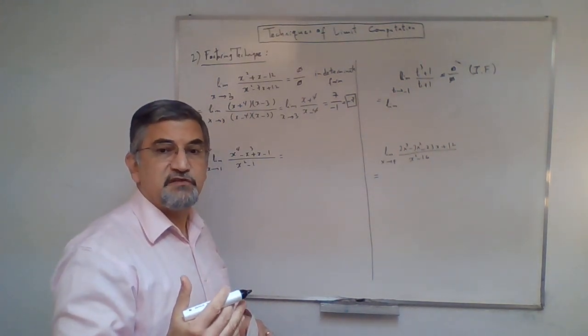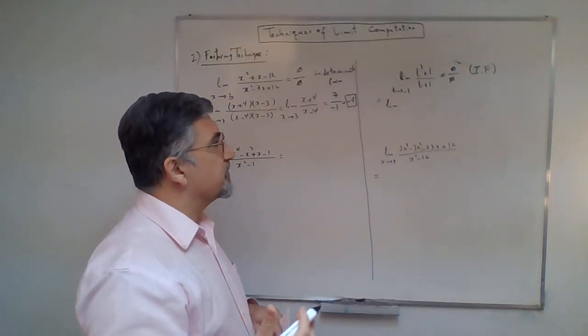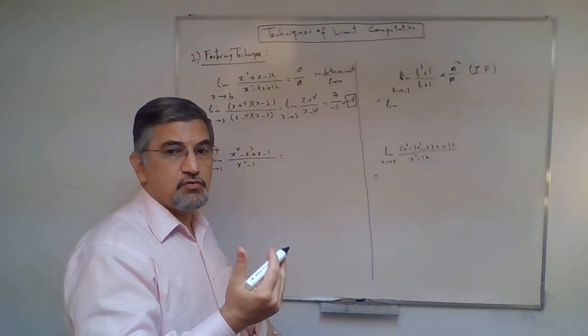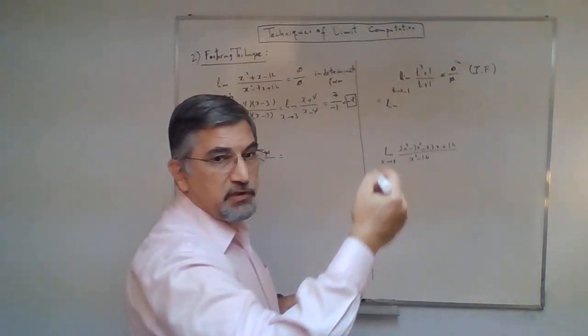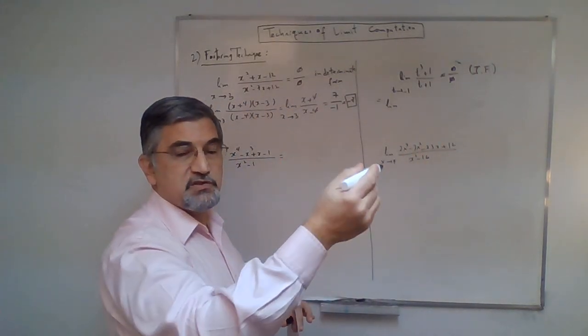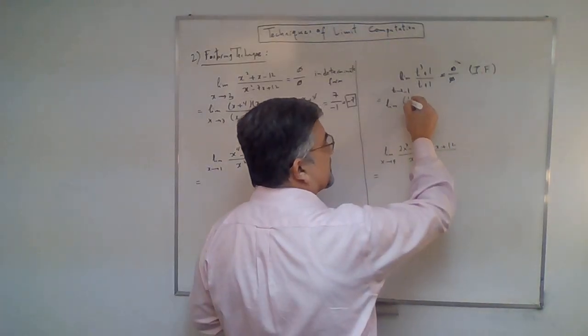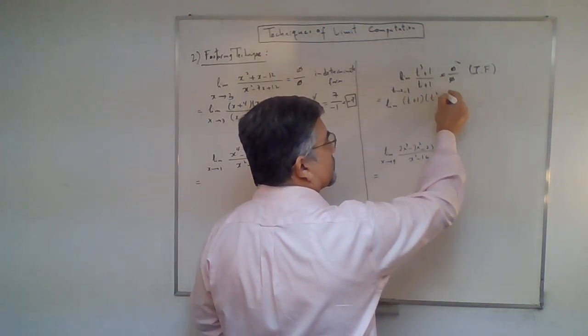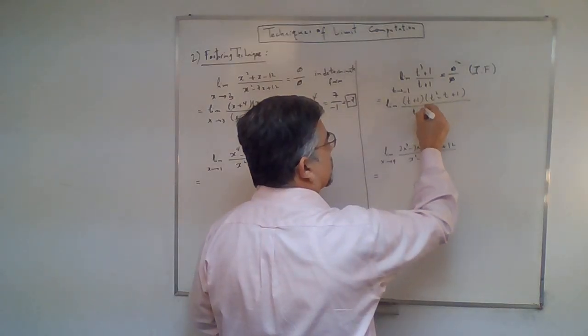You have to be very, very fluent in different techniques of factoring from junior grades. This is a sum of cubes, actually. So it's like a cubed plus b cubed, which is a plus b times a squared minus ab plus b squared. So this would be t plus 1 times t squared minus t plus 1. And then the bottom would be just t plus 1.